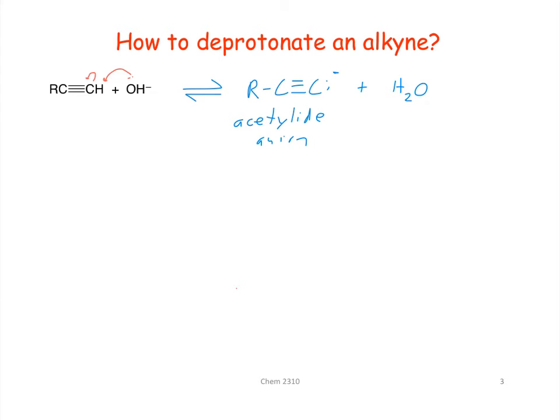So how do we figure that out? Remember, what we do is we look at the acids on each side of the reaction and compare their pKa's. On the left side, the acid is the alkyne. Remember, its pKa is about 25. And the acid on the right side is going to be water. Its pKa is 15.7.